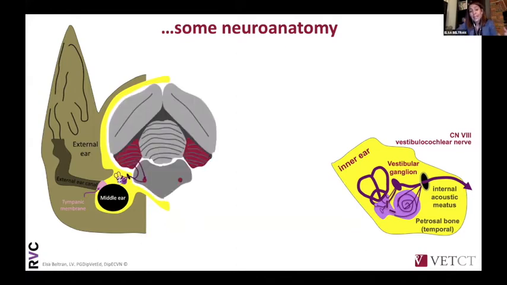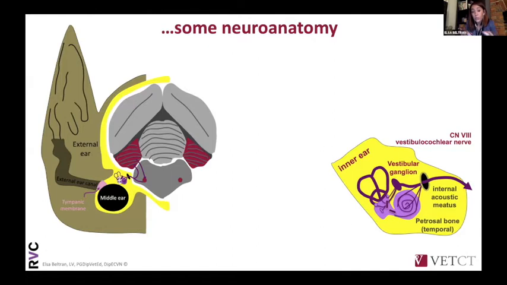And then those axons are going to reach the central nervous system. When that information gets into the central nervous system, it is going to be sent to the vestibular nuclei. There are different nuclei located in the brainstem, particularly in the medulla oblongata, that are going to get that information.